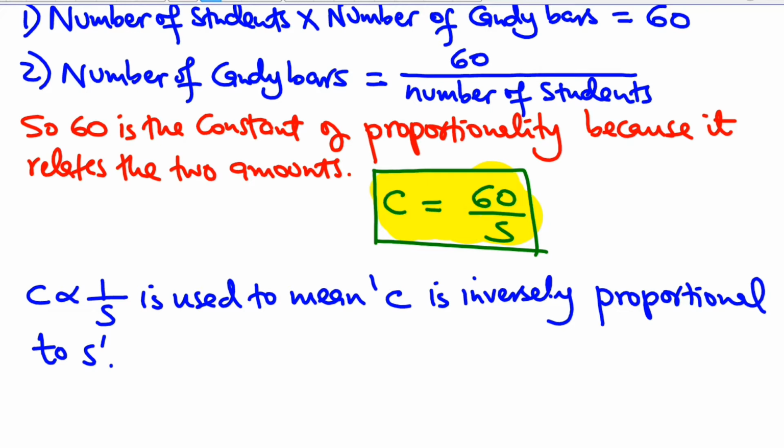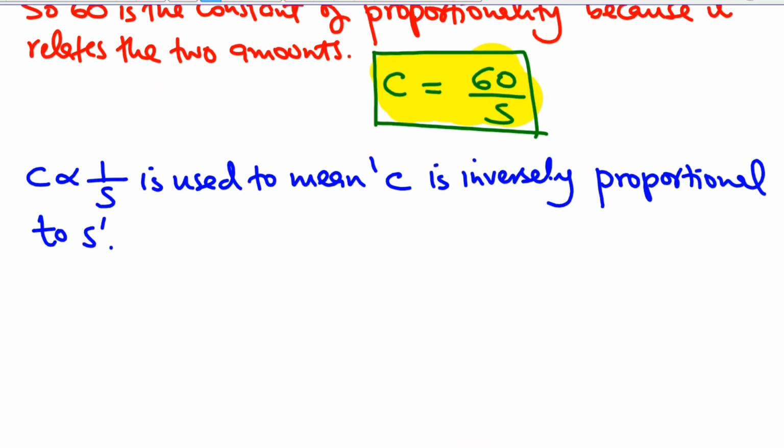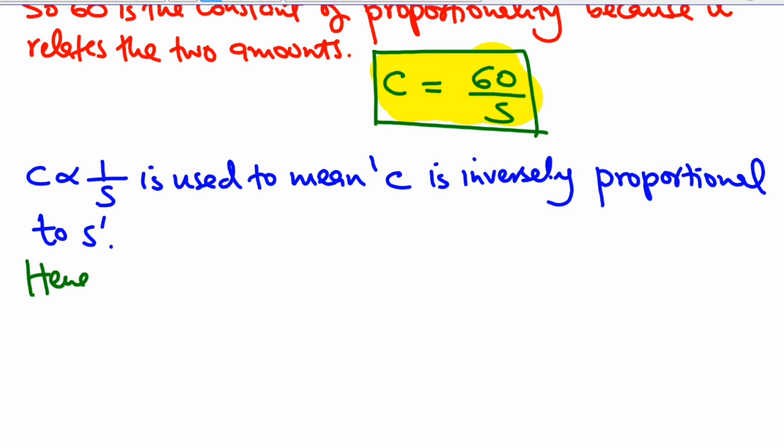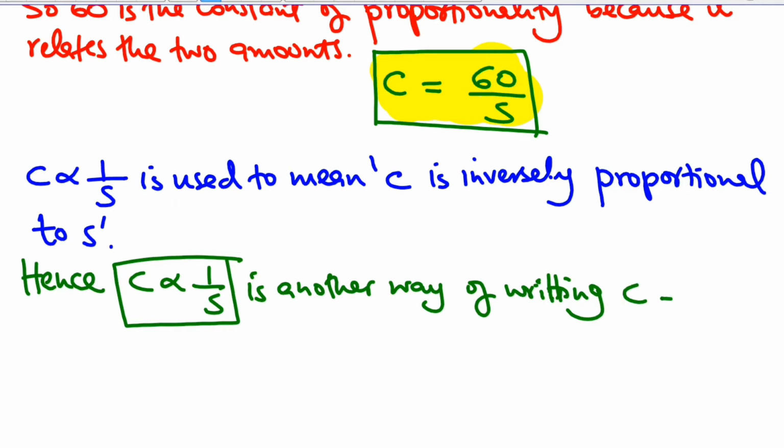Therefore, we can say that C is proportional to 1 over S, which is another way of writing C is equal to K over S. Why?